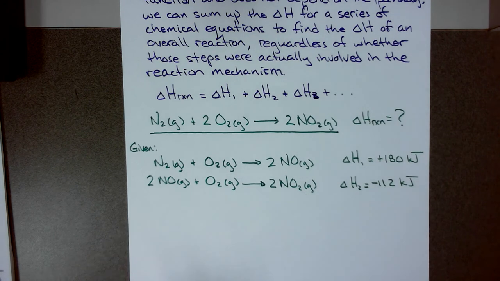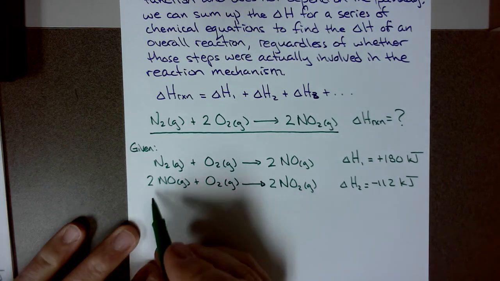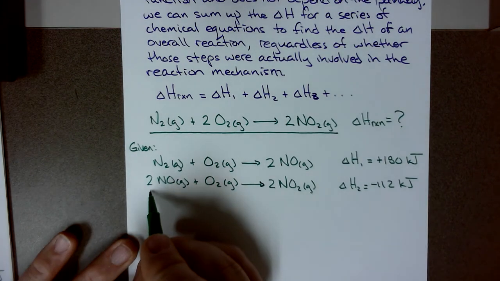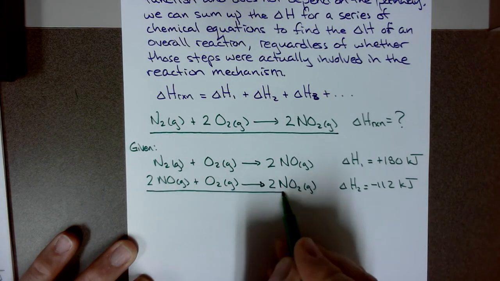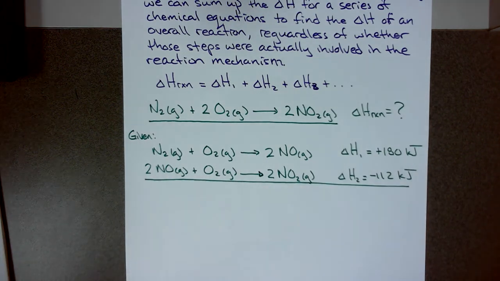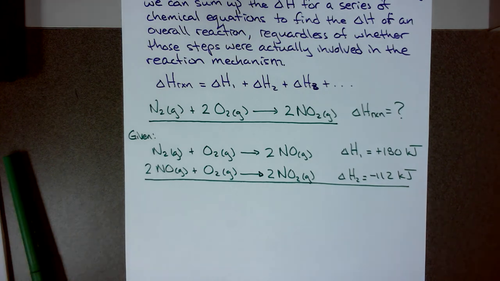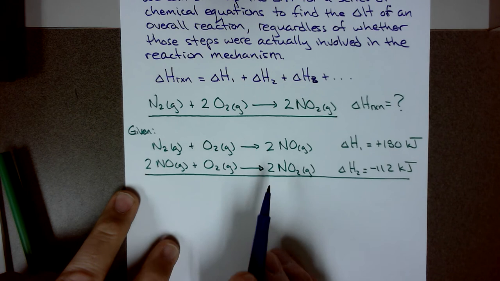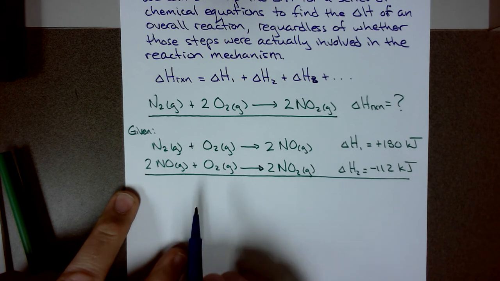So now what we need to do is add these reactions together. When you add reactions together, you can cross out the reactants and products that are on both sides. If I have a reactant on one side and I have it as a product, I can cross them out.